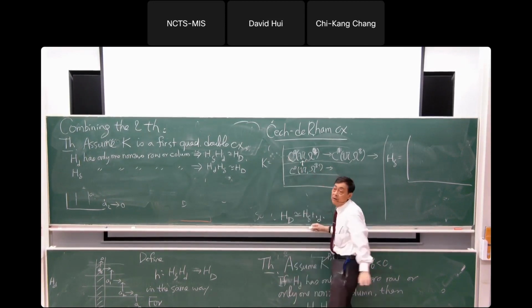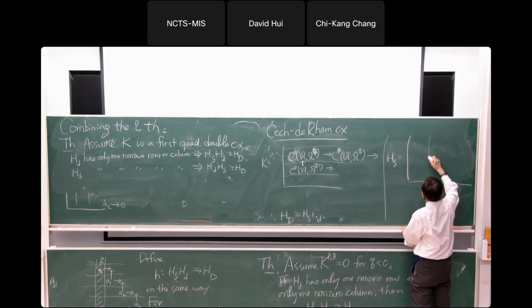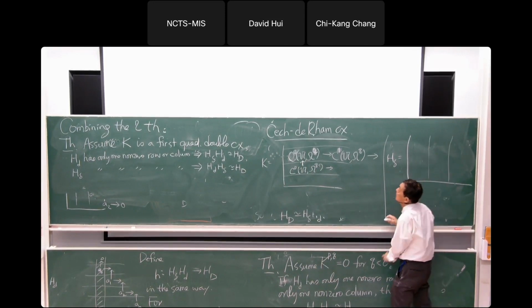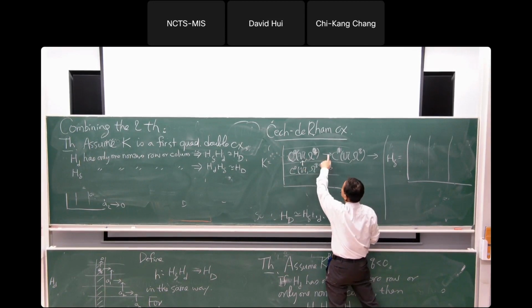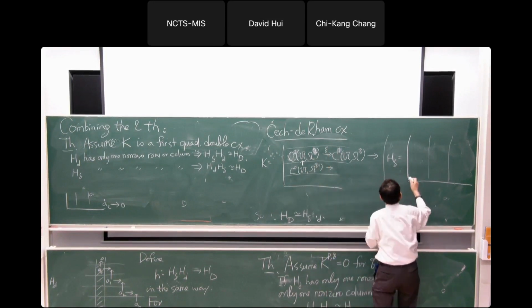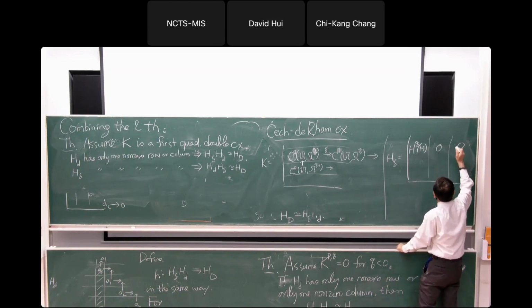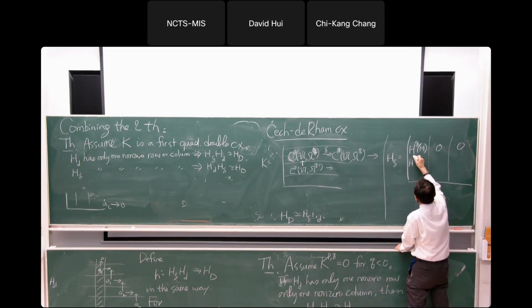When you take H delta, you'll have the kernel of delta, which is the global forms. You'll get HQ of M, and everything else is 0.